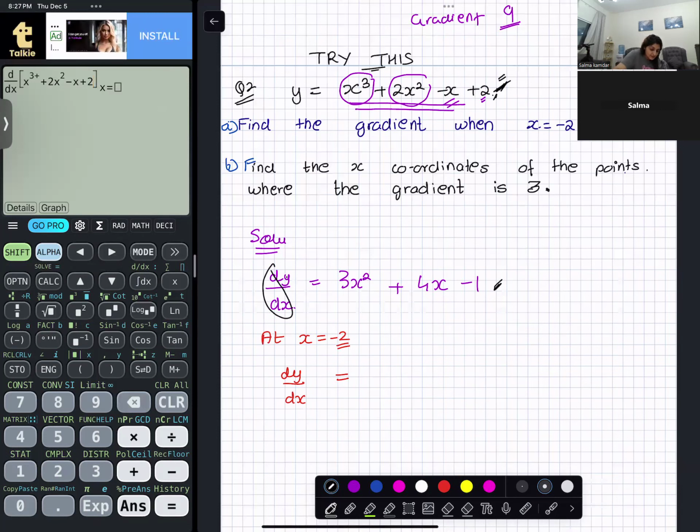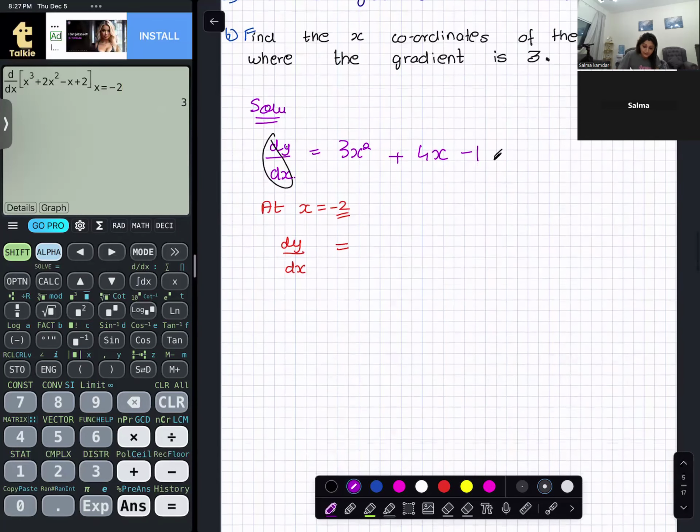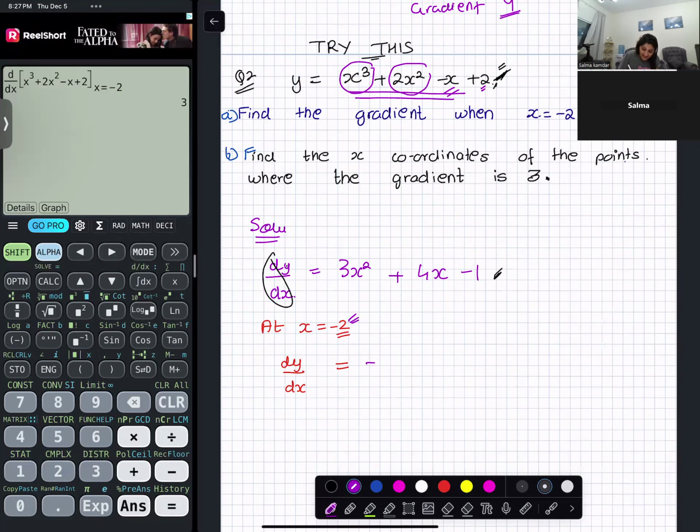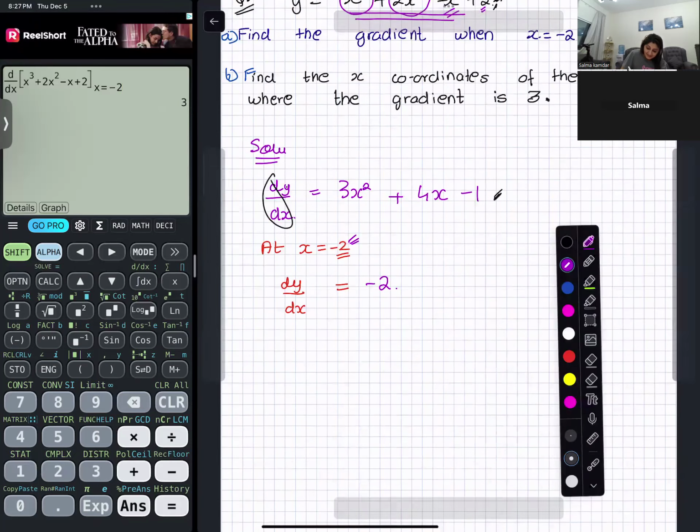So I get my gradient of the curve at the point x is equal to -2 as -2. So the gradient is -2.